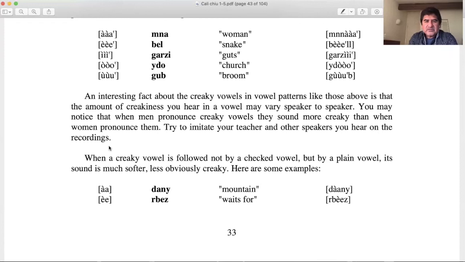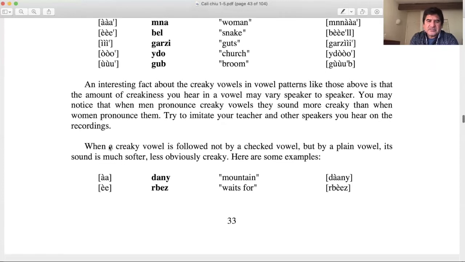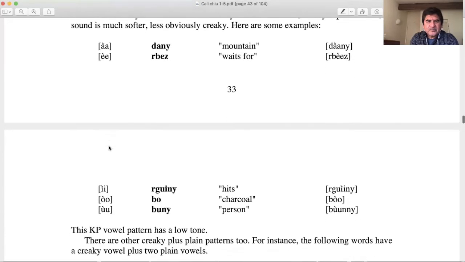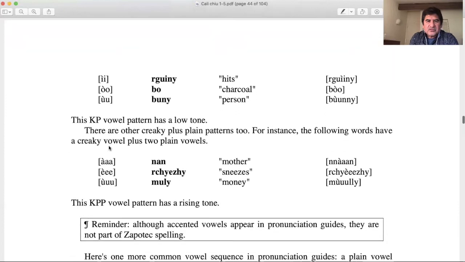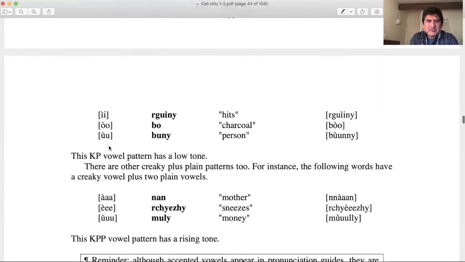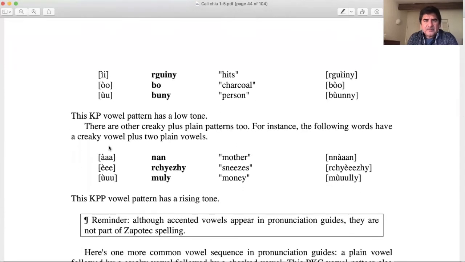So the next one is rbes, rbes. There's a creak on the first E. And then continue on page 34. Hits, again, again. Charcoal, bo, bo.